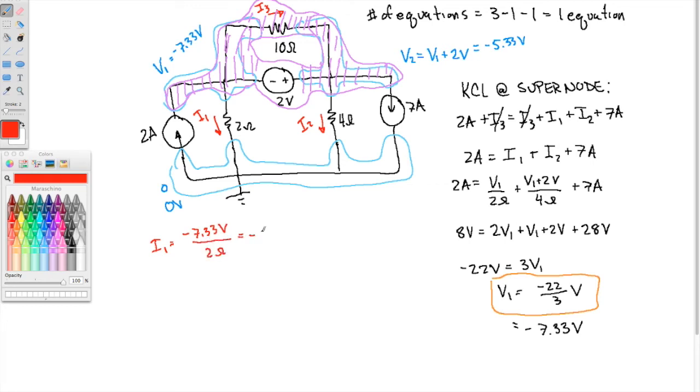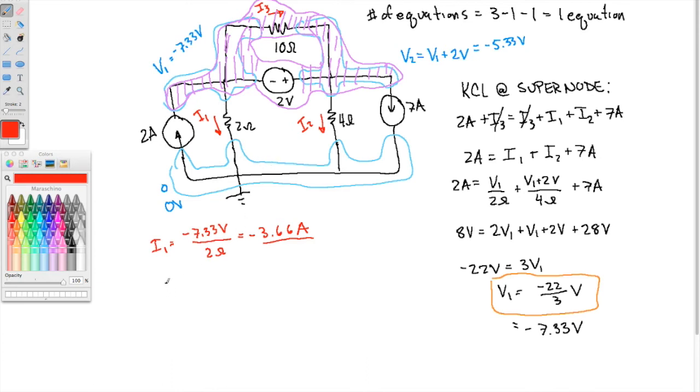Okay, so that's approximately negative 3.66 amps. Yes, that's correct. So don't be thrown off by the negative. The negative here just means we guessed the wrong direction.